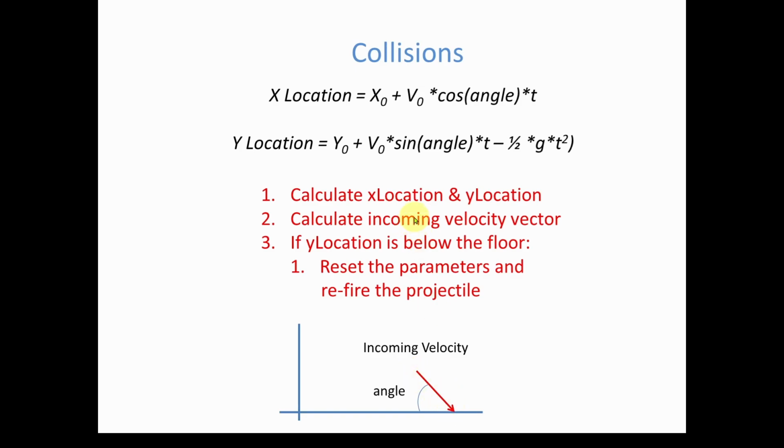So we're going to have to figure out how many feet per second this object is coming in before it hits the ground. So how do we do that? Well, if we know its location when it hits the ground, and we know its location at the previous time step in the simulation, we can take the difference to say how many feet it has changed in that time step, divide that by the number of seconds in the time step, and that gives us feet per second.